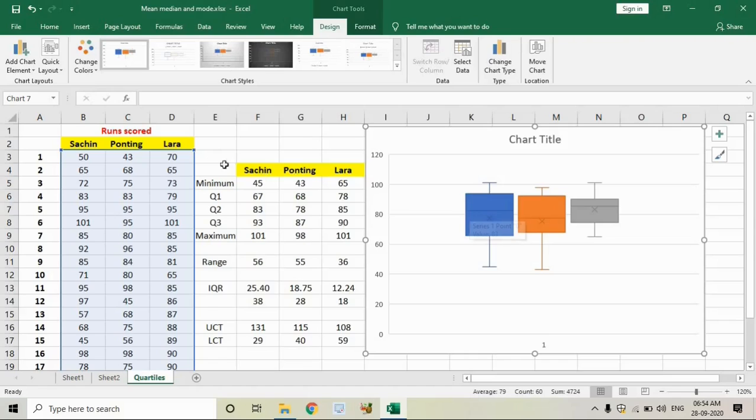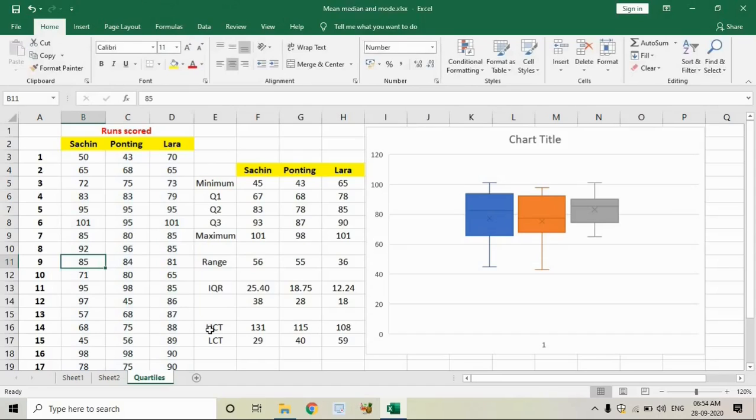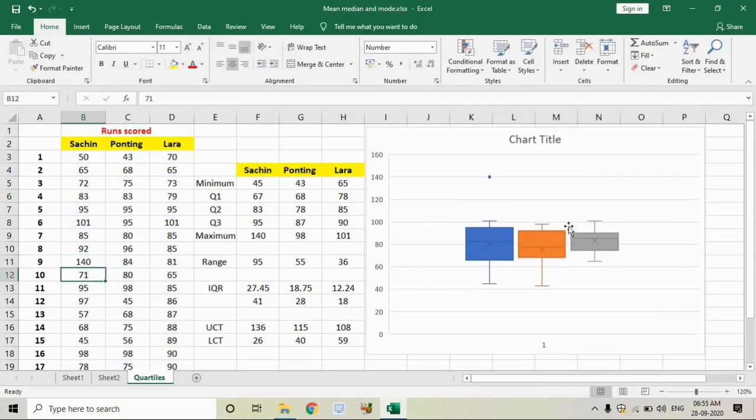Okay, and now let's talk about outliers. Outliers are extreme values in the series. So suppose if I change the value of 85 to 140, you can see a dot over here. So this can be considered as an outlier.